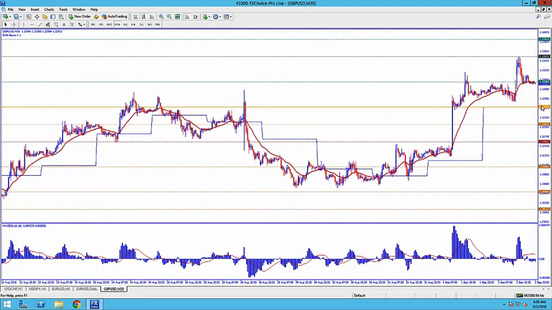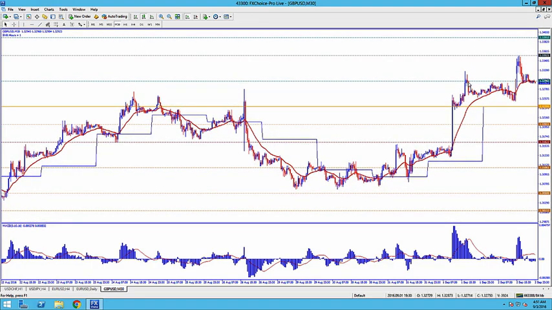They move from day to day. They take the prior day's range, high and low. They divide it up into three, the close, high and low. They divide it into three, and they come out with a pivot level. Then they do some additional calculations, which gives you all these additional levels.